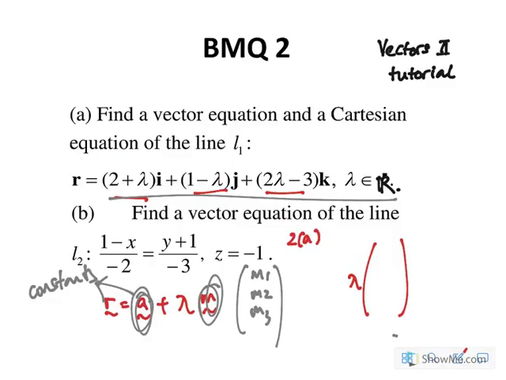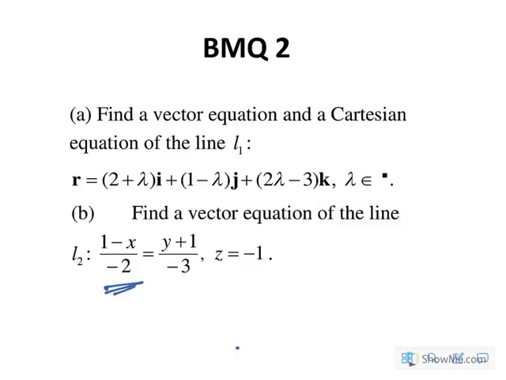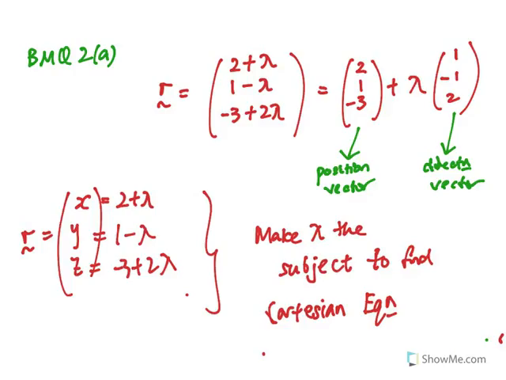Alright, what about 2b? We want to find the vector equation of the line (1 minus x) over negative 2, equals (y plus 1) over negative 3, and z equals negative 1. Here this is actually a Cartesian equation because it's in terms of x, y, and z. So let's write this out.